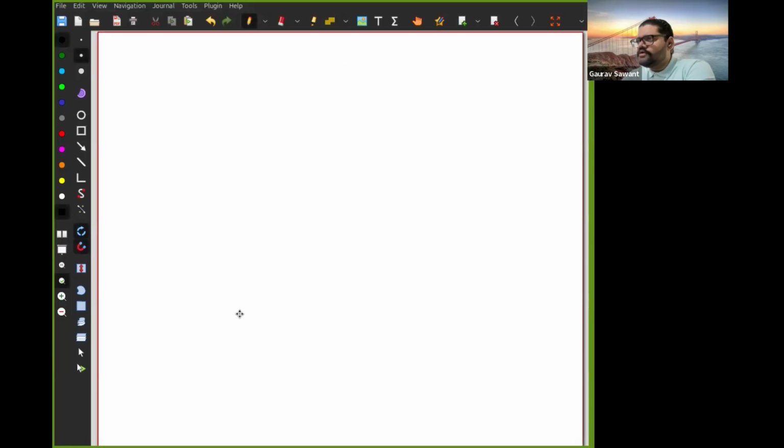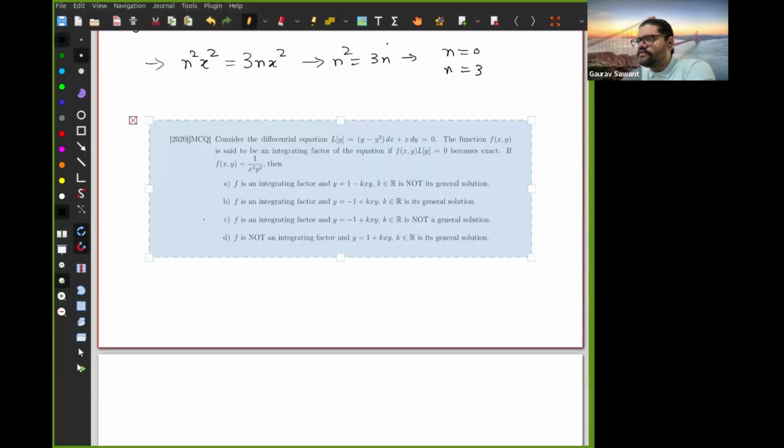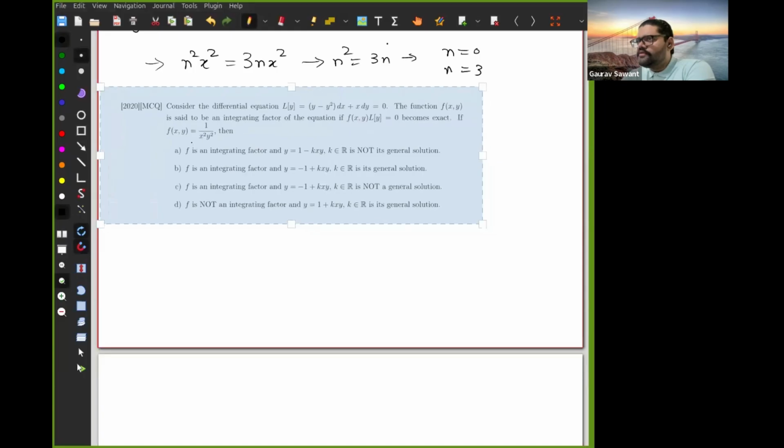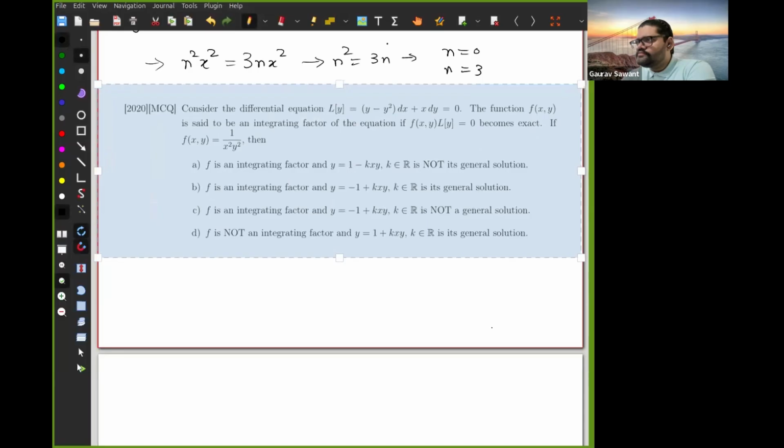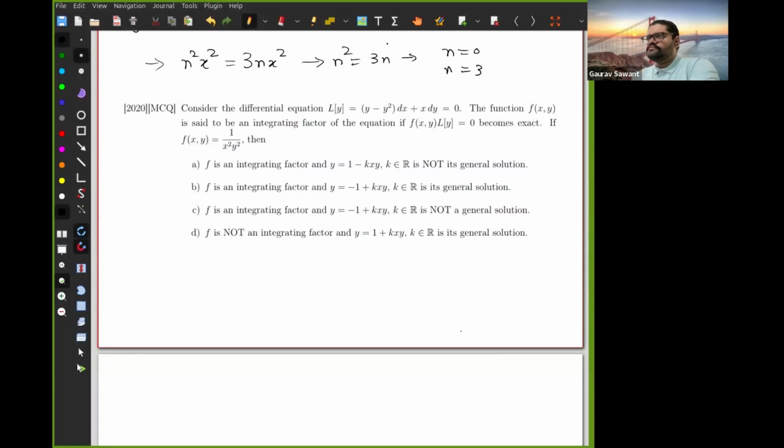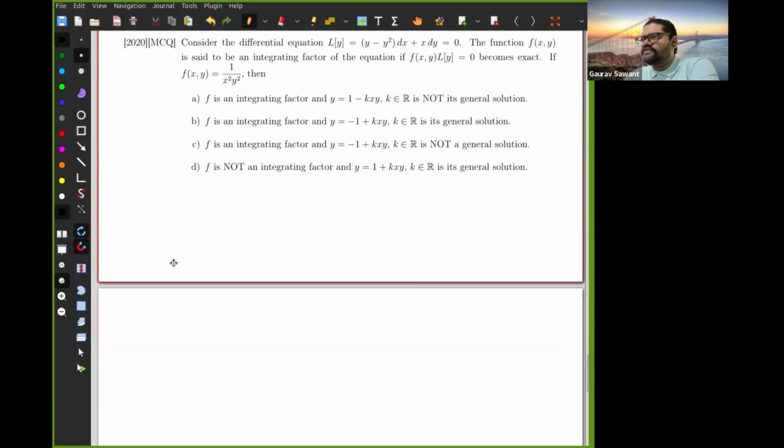Okay, so this time this expression is given in a different form, in an operator kind of form. It doesn't matter. We just want something times dx plus something times dy type. So let's handle this question.